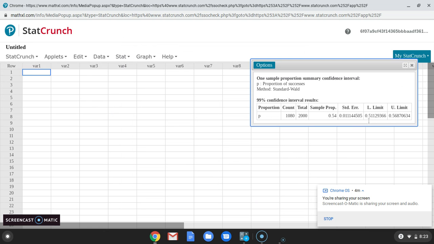So I'm 99% confident that the proportion of all college students who feel underemployed, not just the 2,000, but all of them, is between 51.1% and 56.9%. But you want to answer that as a decimal. So you're going to put 0.511 for the lower limit.